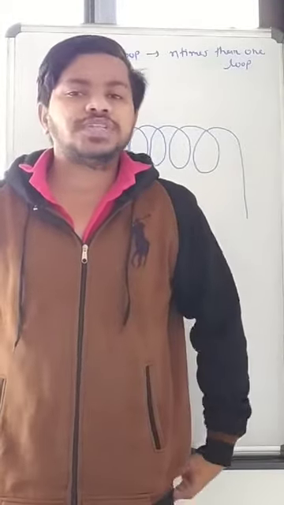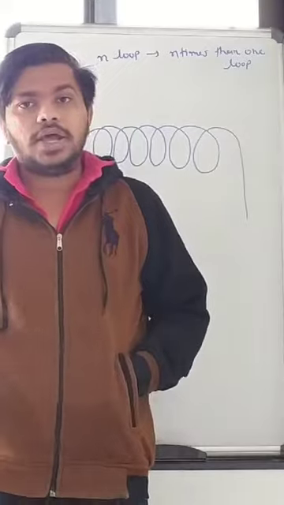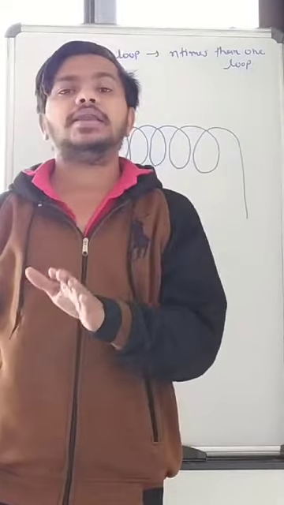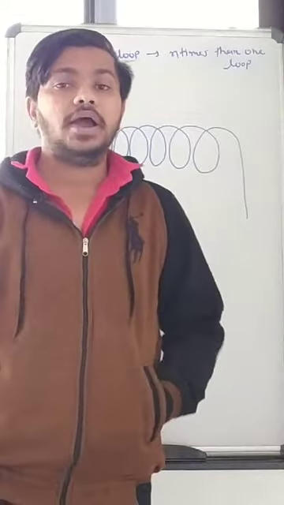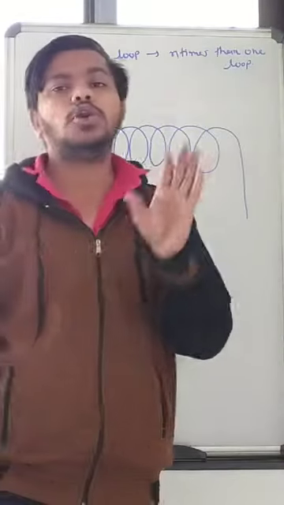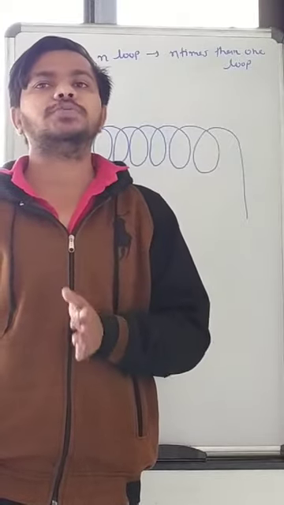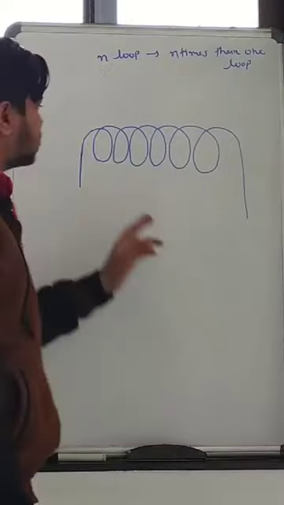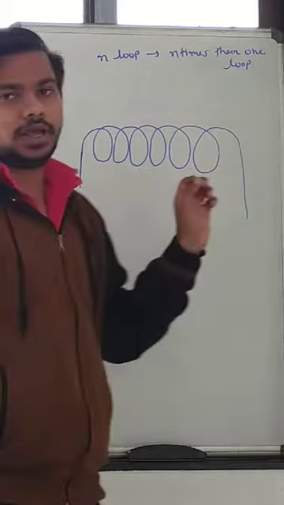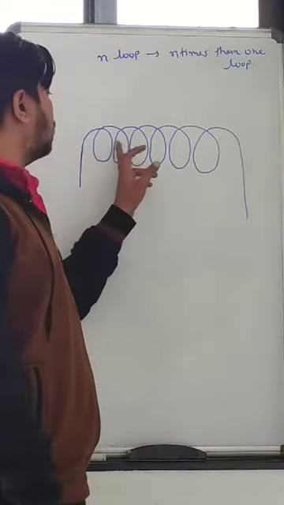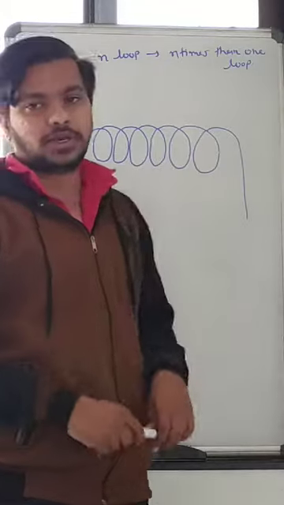If the loops are 12, then 12 times higher. If it is 15, then 15 times higher, and if it is n, then n times higher. So the magnetism produced can be n times higher if the turns of the loops are n. So we are thinking here of a solenoid in which there are so many turns, and they are making a single loop at each and every point, right?